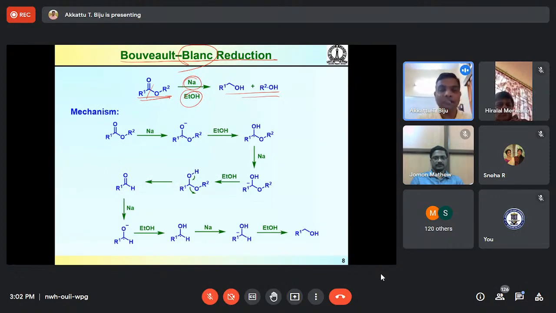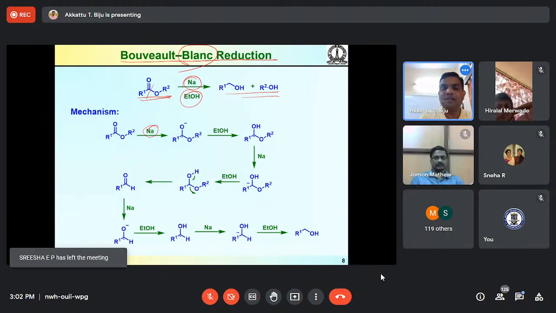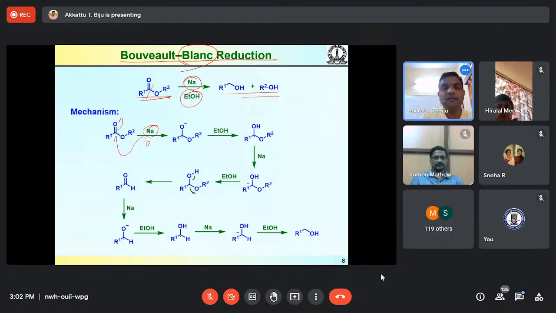If you have an ester moiety in the presence of sodium at low temperature, sodium can donate an electron, and that electron can add to the carbonyl to form a radical anion, just like what we have seen in the Birch reaction.